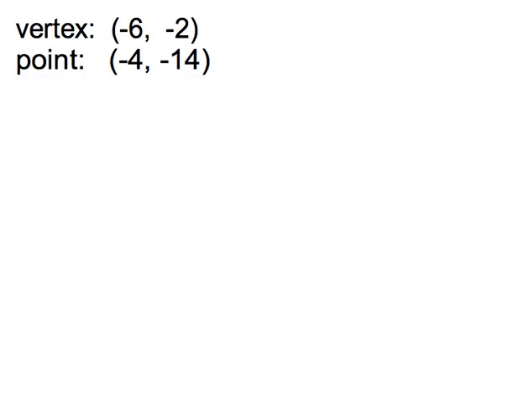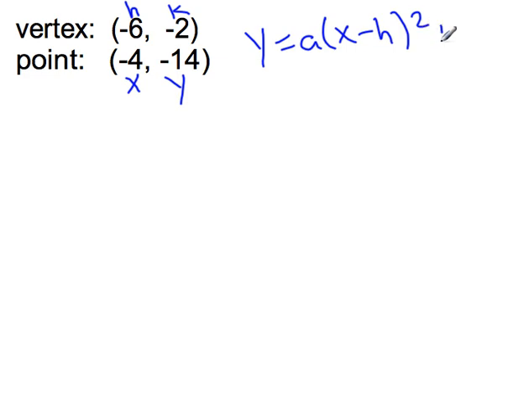An example. First of all, think of the vertex. This is your h and k, okay? And then this point is going to be the x and y. So if you think about the vertex form, okay, this is the vertex form, just to remind you.